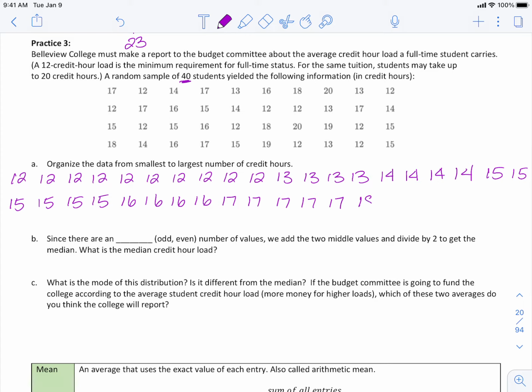There are 3 18s. There are 2 19s and 2 20s. Given this, I would like you to answer B and C, please.